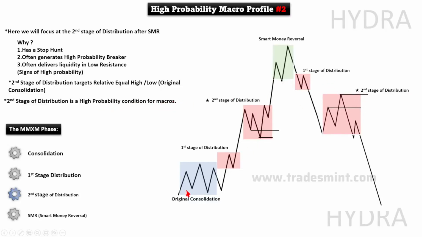So everything here, we are not looking at this. We are focusing on this price leg here that will form near to an old second stage distribution. That's why it is easy to spot, because once you identify the second stage distribution in hindsight, you'll be looking for a new breaker to form near to the second stage distribution in the new market cycle.